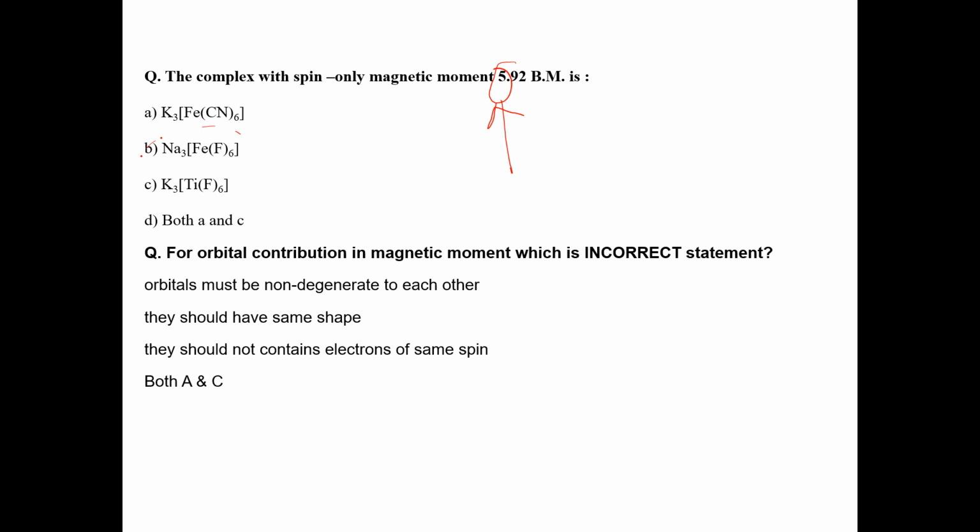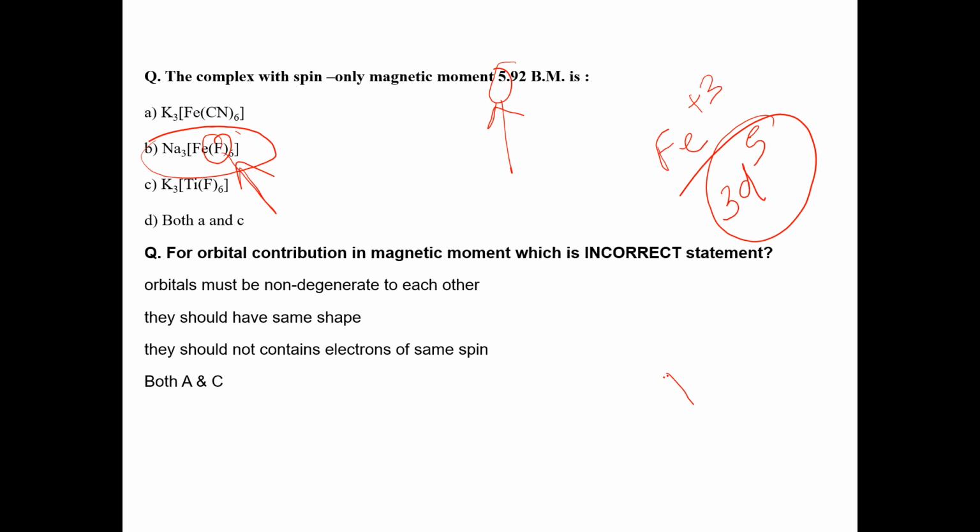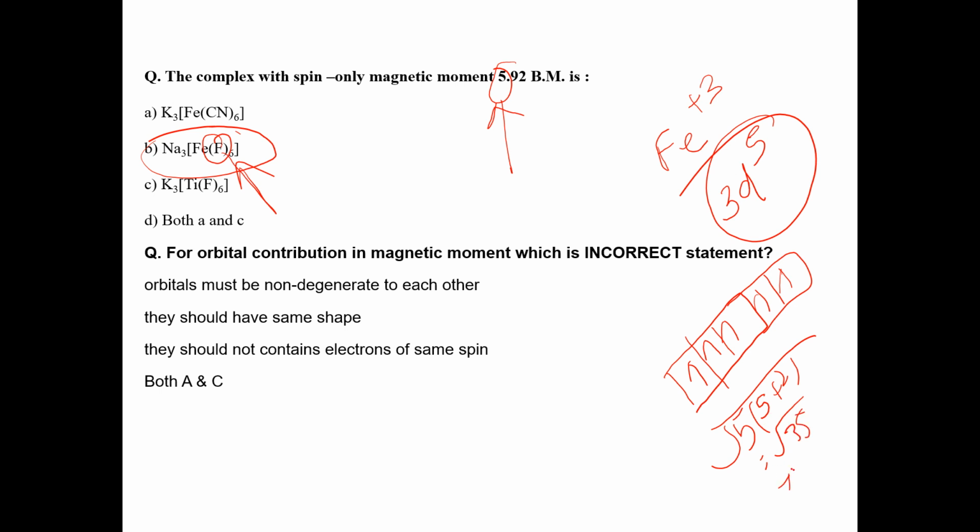If I talk about this one, that is Fe plus 3, it will be d5, and since it is a weak field ligand, the electron filling will be like this. If you put the unpaired electrons, it is root 35, so it will be approximately 5.92. You can check for others also.